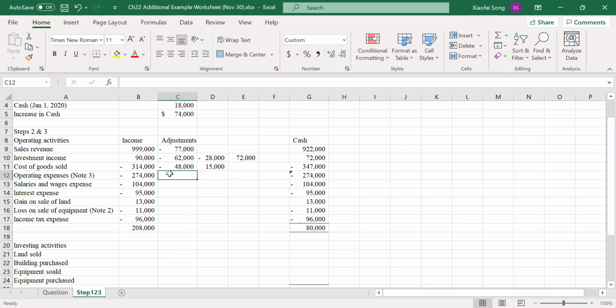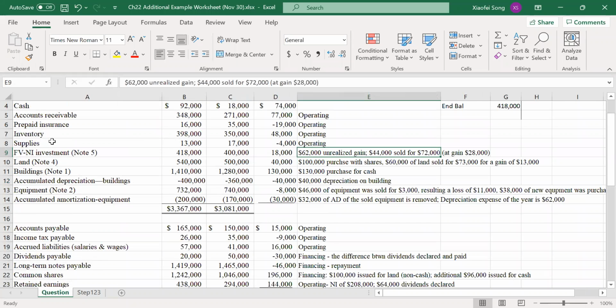And operating expense. We have several things here, like supplies expense, which will be an operating expense, right? Supplies inventory is related to that, and accrued liability related to salary and wages will be an operating expense.